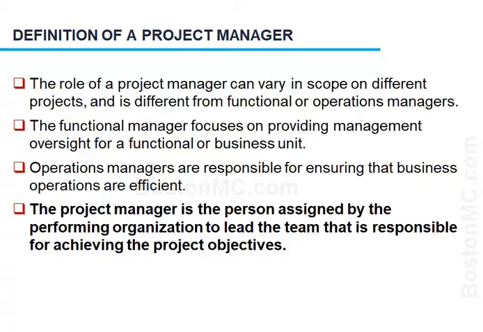The role of the PM is quite different from the role of functional managers such as the head of engineering or head of HR, and from operations managers. Operations managers are focused on fiscal or quarterly targets, and they may focus on things that are repeatable. Functional managers likewise focus on repeatable tasks.